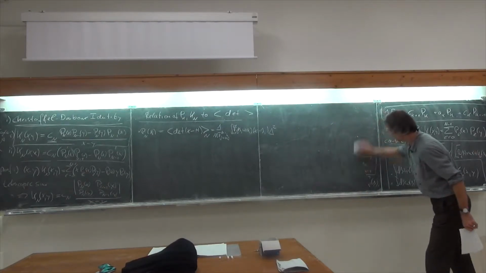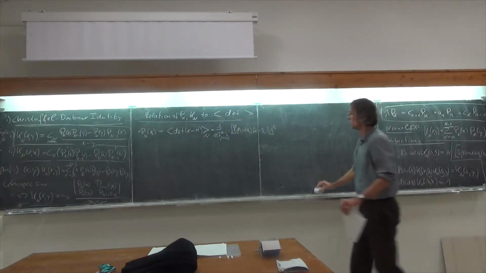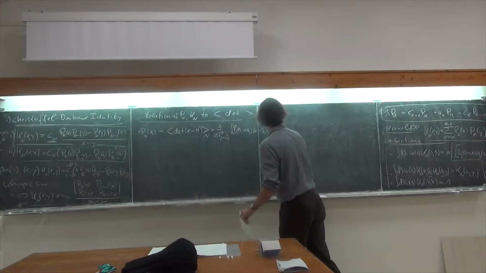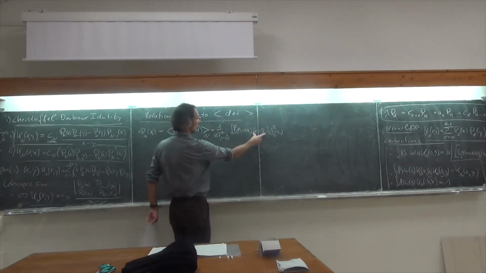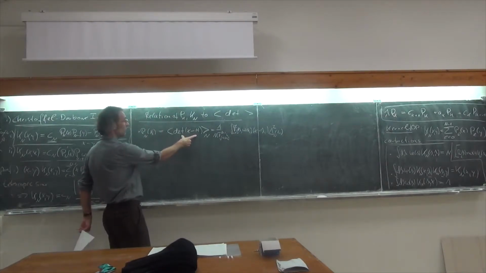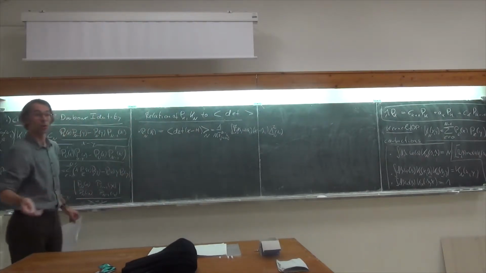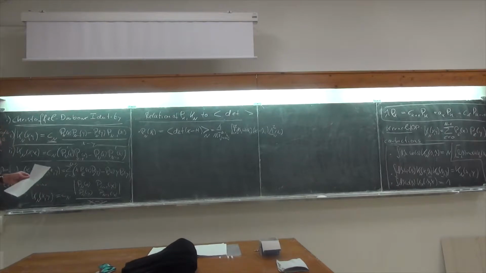Okay, this is just a definition. So this comes from diagonalizing h, and then the determinant is just a product of the diagonal terms.